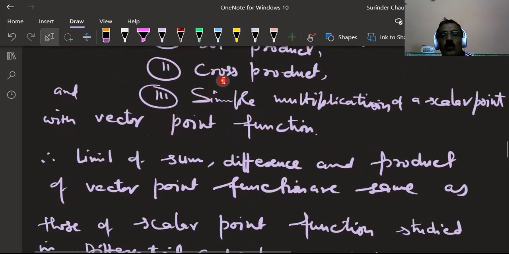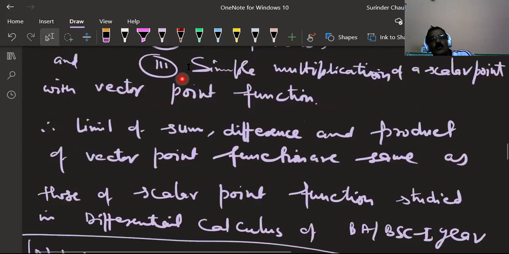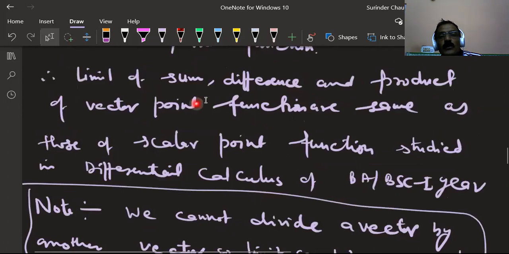Now we'll discuss how to find the limit if the limits of two functions are given: how we find the limit of their sum, their difference, their product, the limit of the dot product, the limit of the cross product, and the limit of a scalar function multiplied with a vector function. The limits of the sum, difference and product of vector functions are the same as those of scalar point functions studied in differential calculus.